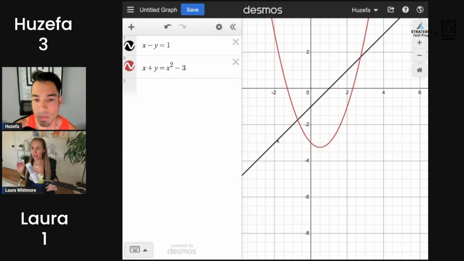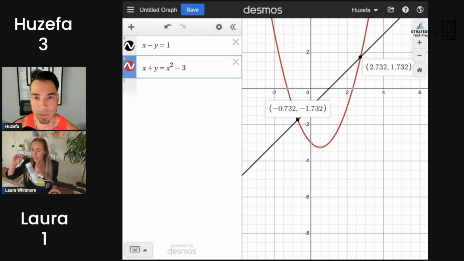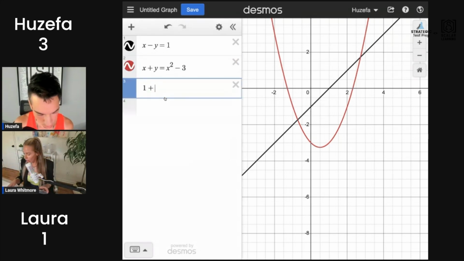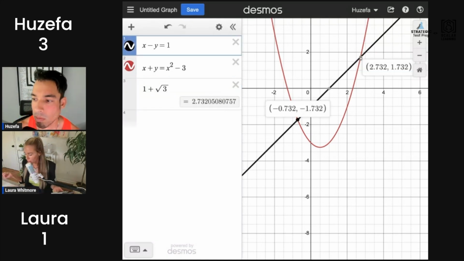Okay, so we have everything graphed. Now we can just look at the intersection points. Again, weird decimals, right? So what you'll have to do is take your calculator and plug in the answer choices and convert them to decimals so that you can pick the right one. So when we're on the problem, looking at, for instance, the y, probably the y would be the easiest. I just want to see what radical 3 is.